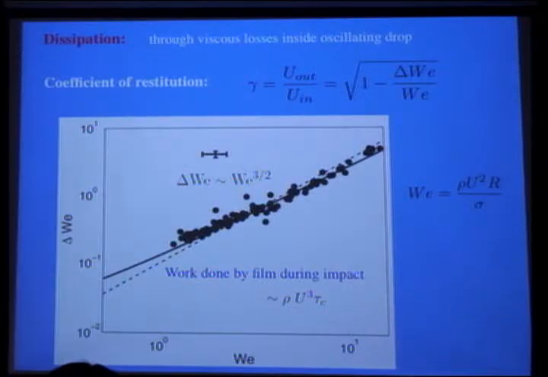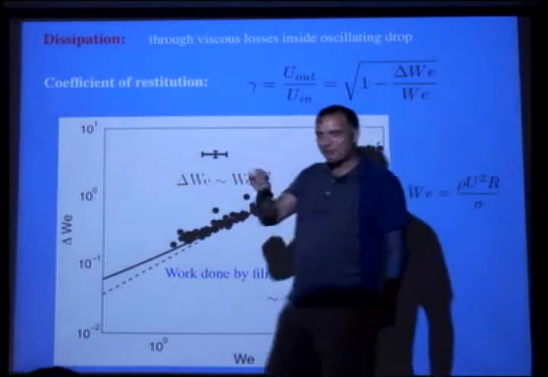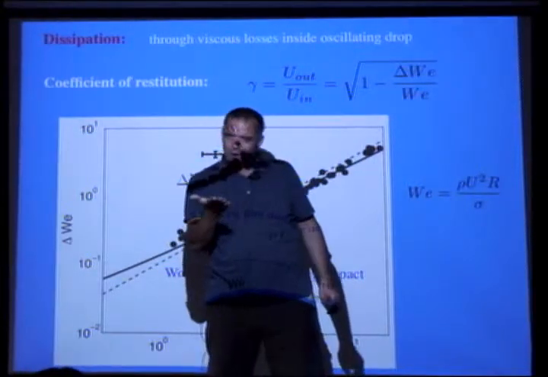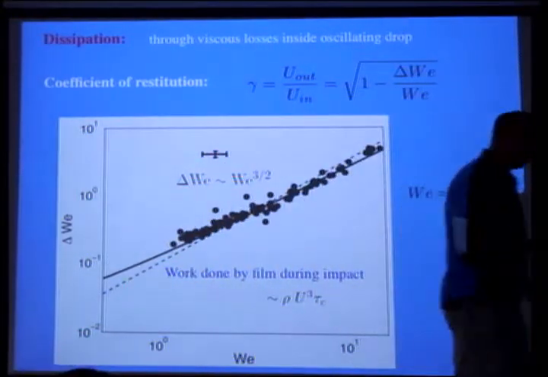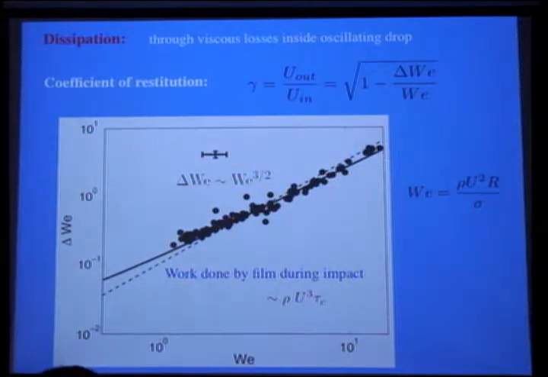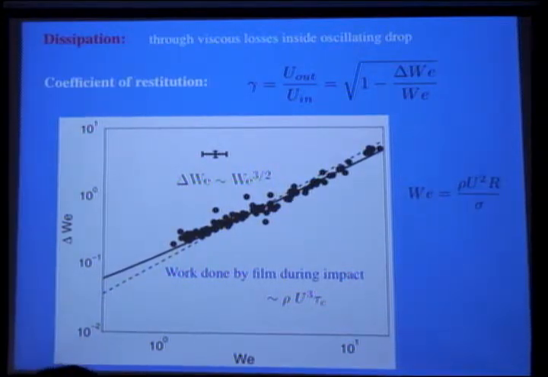Okay, so the only other thing we need to do: we want to write down an equation of motion for this drop, for the bouncing drop, and we're going to drive it. But we need to get some idea of the dissipation in the system, because in order to really write down the equation of motion, we have to get the dissipation. So we can define a coefficient of restitution.